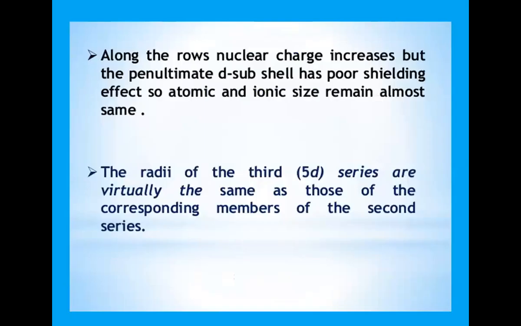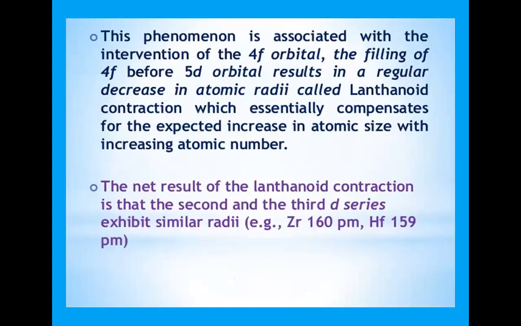The same thing is quoted here, but it is very interesting to note that the radii of the third or 5d series are almost similar to that of the 4d series elements. It is because of lanthanide contraction. The phenomenon where, from the 4d series elements onwards, with f orbital entry, the 4f orbital is imperfect in participating in the screening effect.